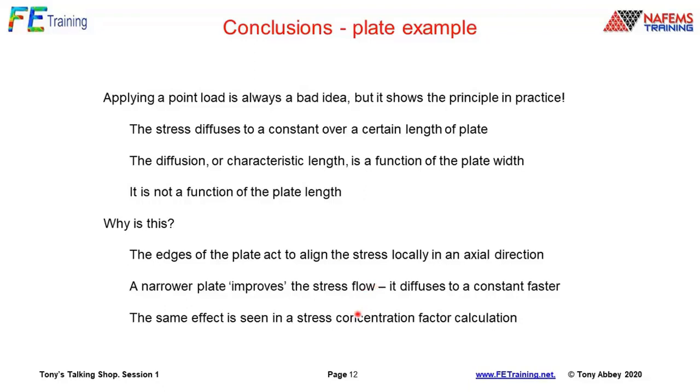If we've got a plate with a hole in it, and it's an infinitely wide plate, we can say the stress concentration factor is 3. Then we bring in a finite width plate. As that plate gets narrower and narrower, the stress concentration factor actually goes down, because it's exactly the same idea. We're constraining that stress flow.